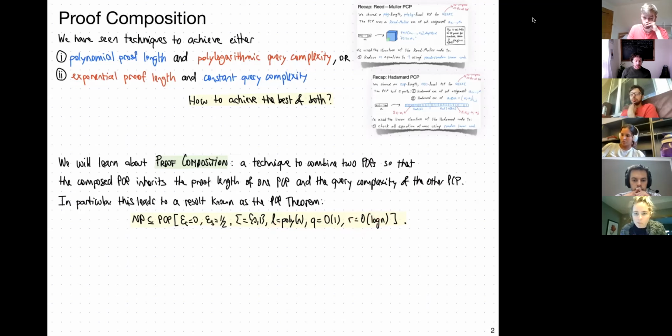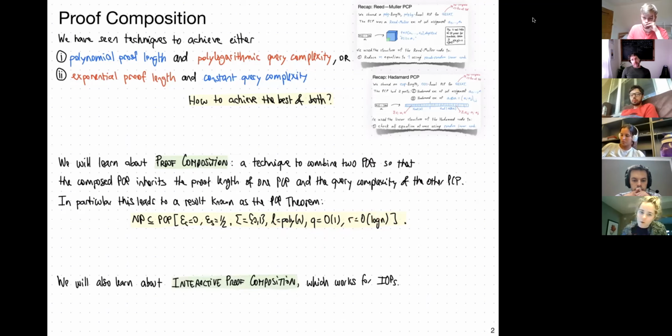Okay, so what we're going to do after that is we'll see that we can also do an interactive proof composition, which would be to take the same type of ideas, but also apply them to interactive PCPs and interactive oracle proofs. So this would also be relevant to the other course on interactive proofs.